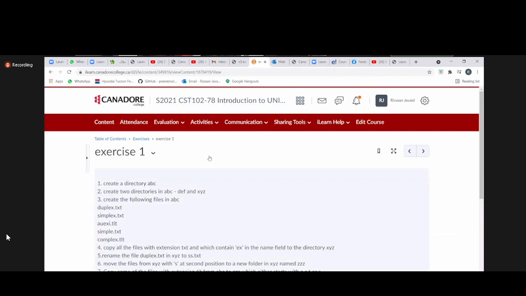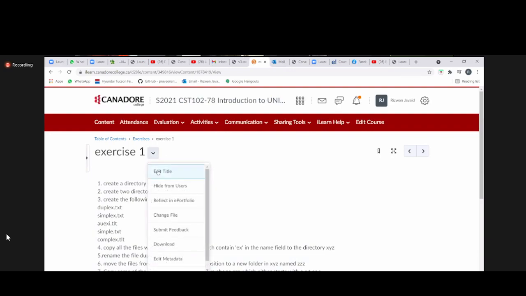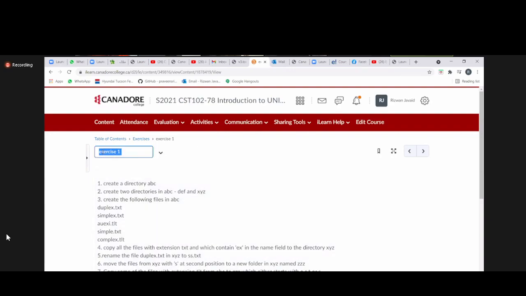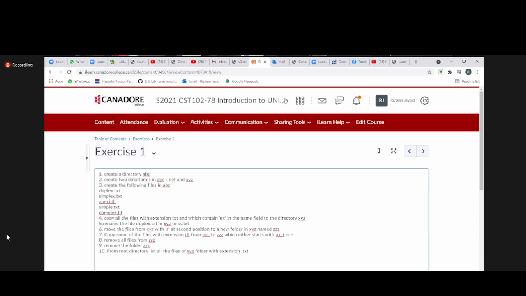Okay everyone, now we are going together. Please go through this exercise one. Everyone has seen this in the file? Yes or no? Please let me know. Yes, sir.